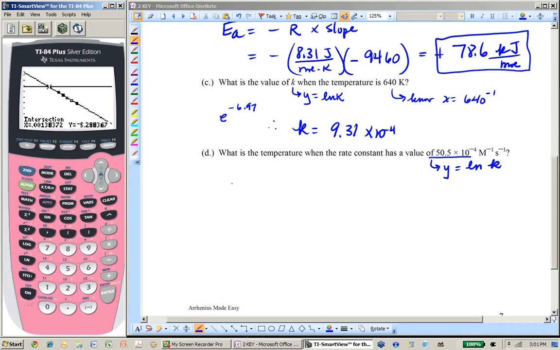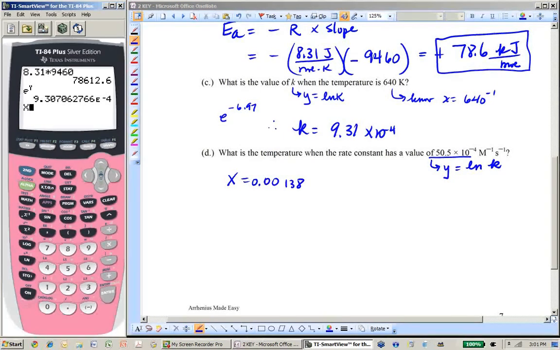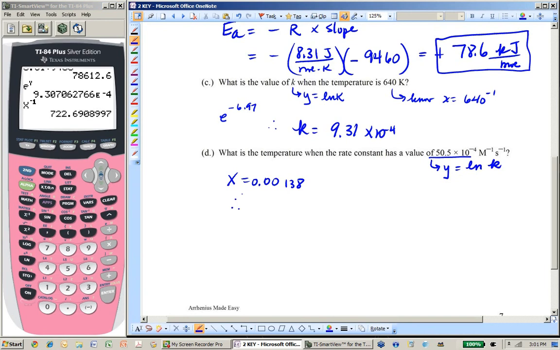That means that I know Y, so I'm looking at a Kelvin reciprocal, 0.00138, yada yada, but remember it saves it as x. Quit this screen. X to the minus 1. Therefore, temperature equals 723 Kelvin.